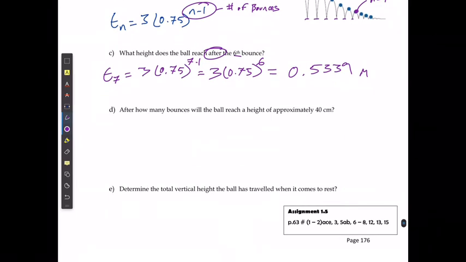After how many bounces will the ball reach a height of approximately 40 centimeters? Well, 40 centimeters is the same as 0.4 meters. So I'm going to say that the Tn is equal to 0.4 in this case. And I'm going to be solving for what my n value is.